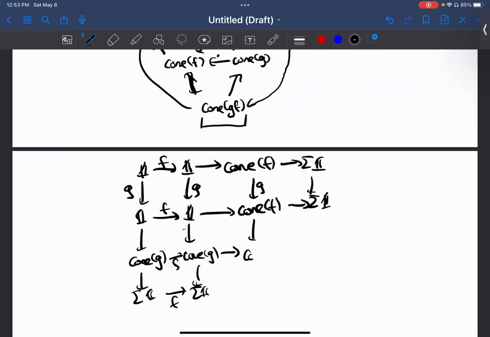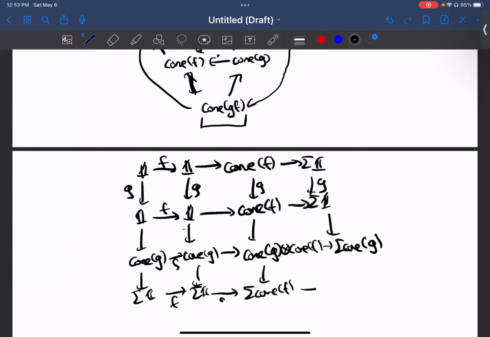This here is the cone of g tensor the cone of f. And we're going to have exact rows and columns in this diagram.